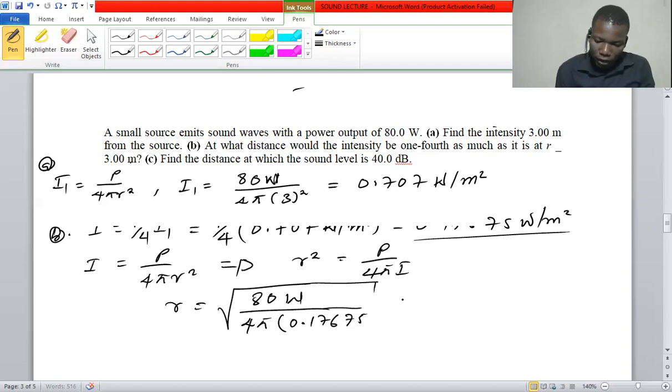This is going to give us 6 meters. So the radius is going to be 6 meters here. That's how we solve that one.